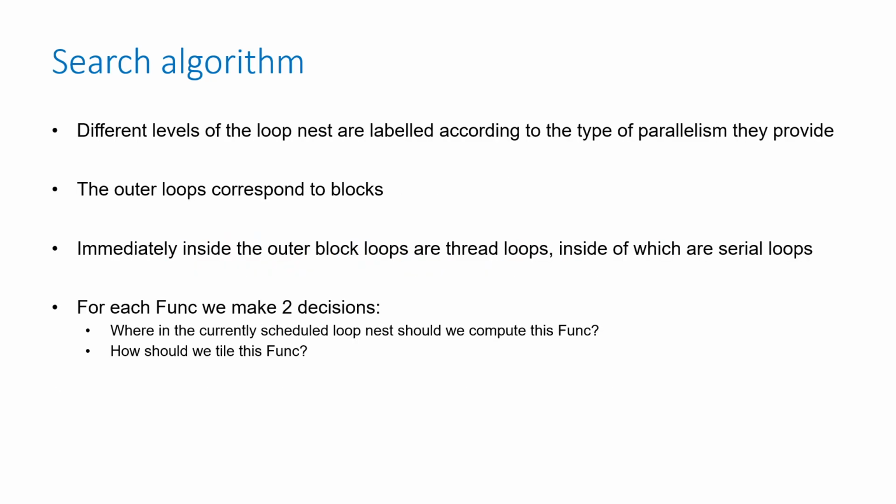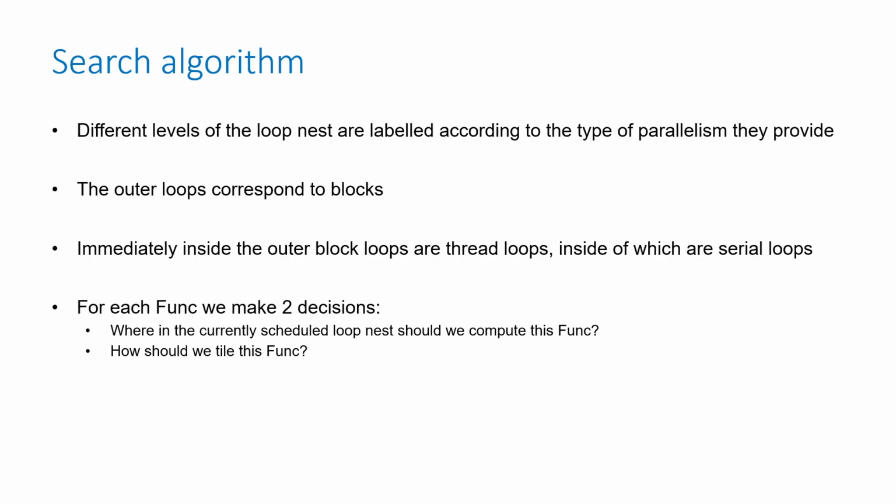As part of the scheduling process, each level of the loop nest is labeled depending on the parallelism. For example, the outermost loop usually uses parallelization and corresponds to the block level. The innermost corresponds to the thread level and usually does vectorization and unrolling.